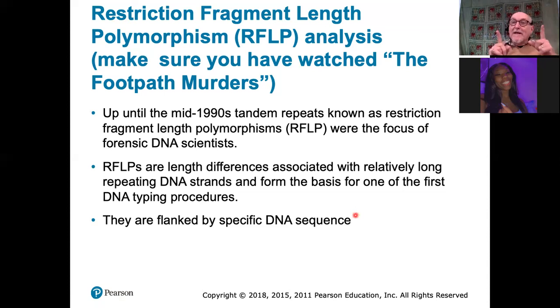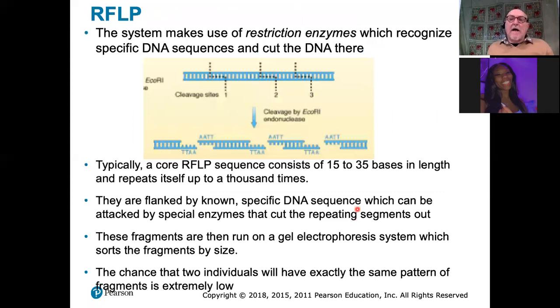Now, the important thing about restriction fragment length is that on either side of the area where these repeats are occurring, there are patches of known DNA sequence where enzymes can cut, like a pair of scissors. We can cut on either side of this fragment, and we can extract it, and we can examine it.